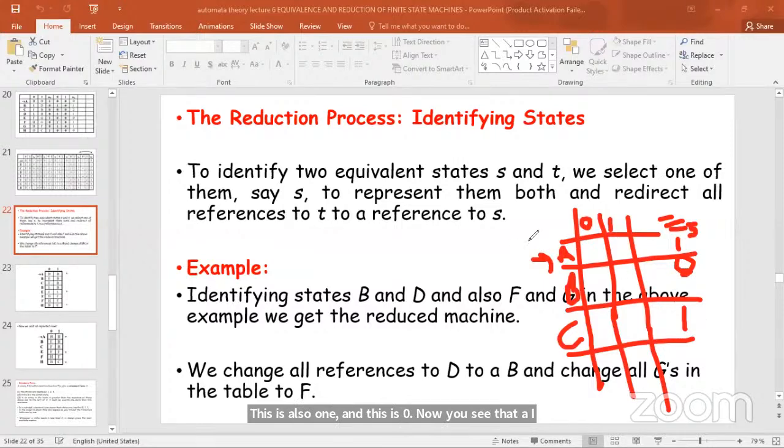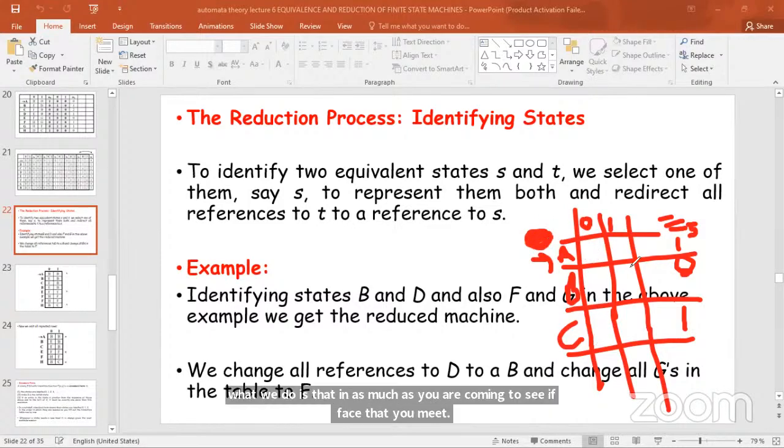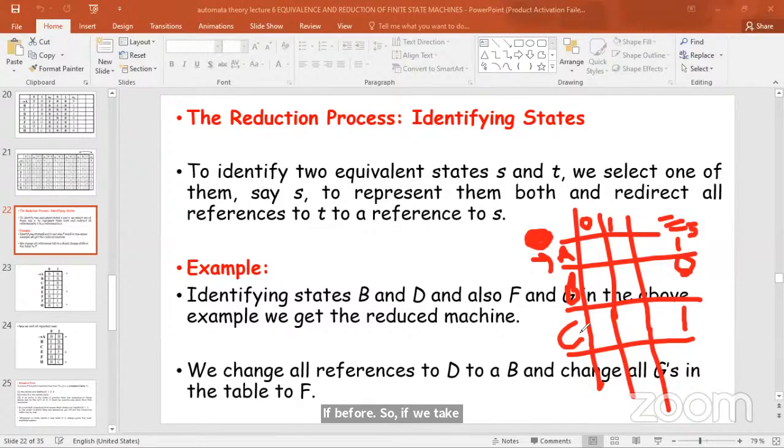In as much as you met A first before C, A will take precedence. A will be chosen and it will replace anything on C.